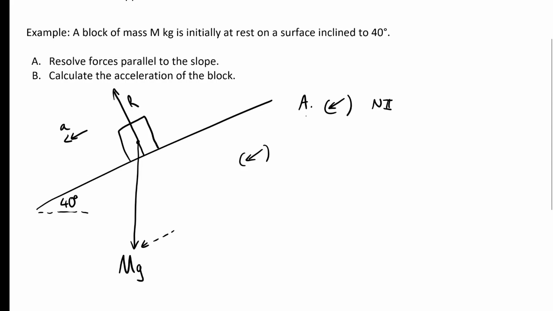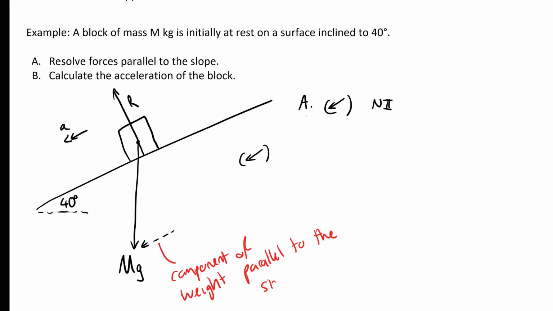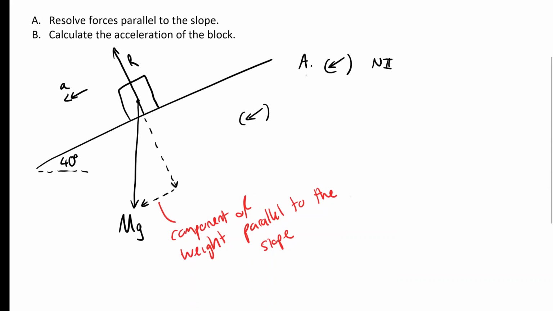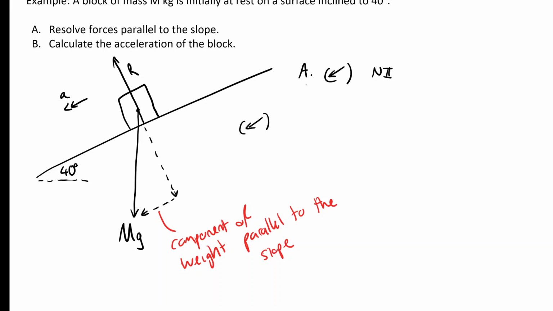This is the component of weight parallel to the slope. There is another component of weight, but it's not relevant at this point, and that's the component perpendicular to the slope.